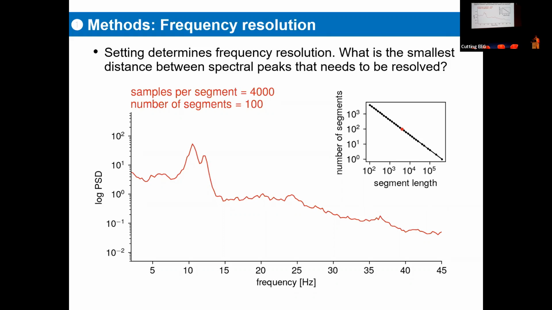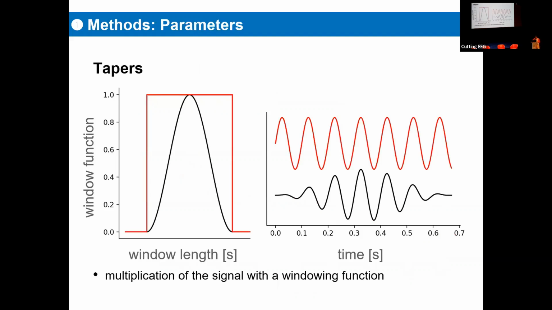Okay, so what about these tapers or windowing functions that I mentioned? If you cut your signal into segments, it may happen that your segment length does not capture a whole number of cycles of the oscillation.